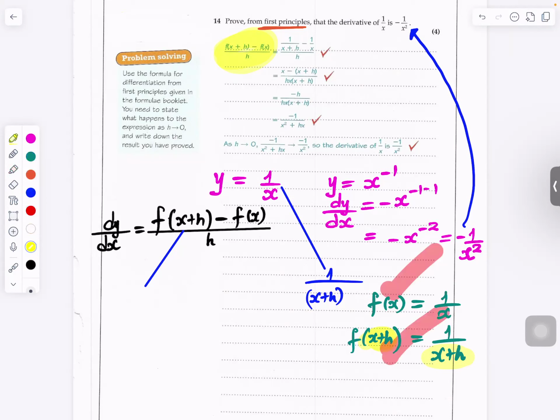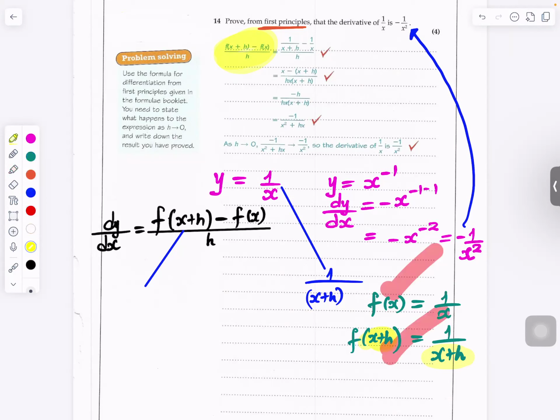Can you hear me? Yes, sir. What does f of x equal to? Look at the green part. 1 over x. 1 over x, correct. So f of x is 1 over x. f of x plus h is 1 over x plus h.